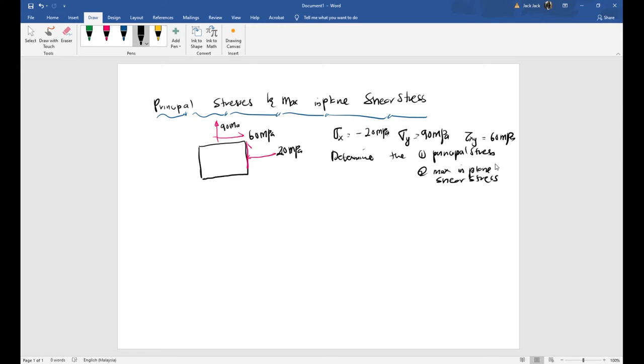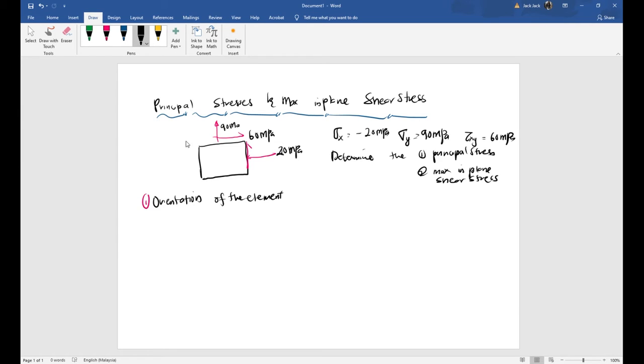Let's determine the principal stress. Our first step is to know the orientation of the element. In order to determine the orientation, you need to have theta p.